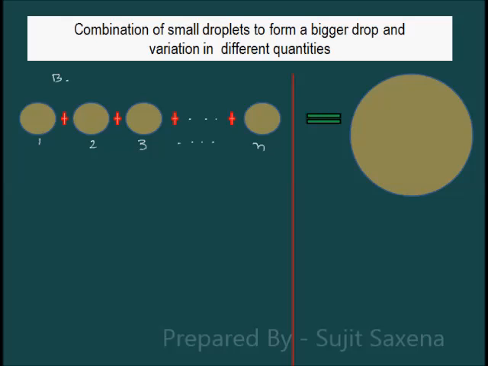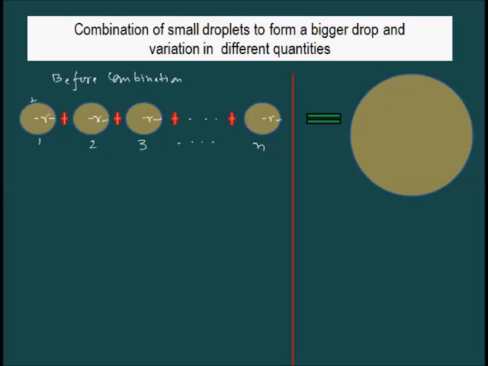Before combination, the drops are in the form of small droplets, and the radius of each drop is let small r. Each drop is a charged drop having some value of charge.